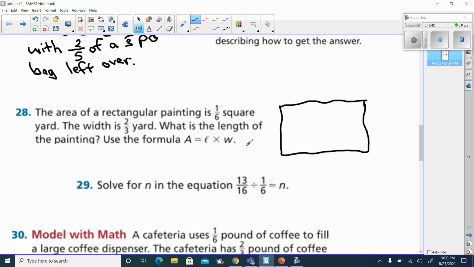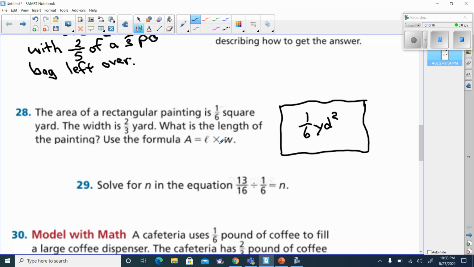Sorry for the horrible painting. We know that the area is 1/6 square yard, okay? I should put yard square.